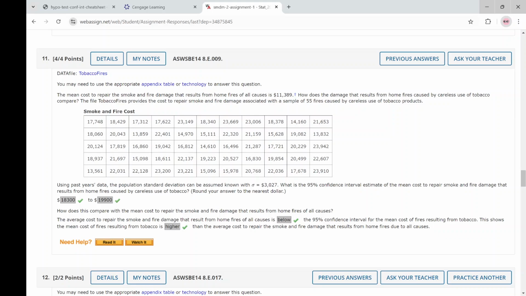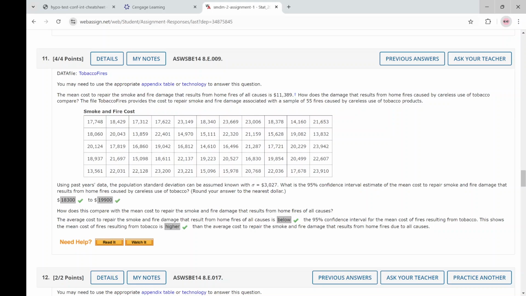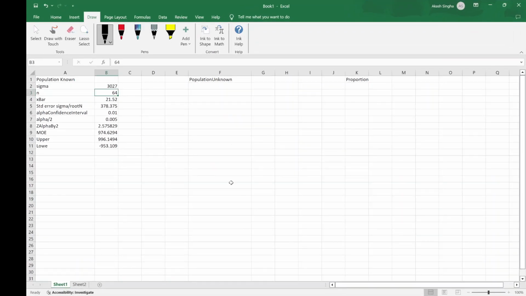Here also is the same. If you see, 3027 sigma is given, the sigma is 3027. Sample size is 55.